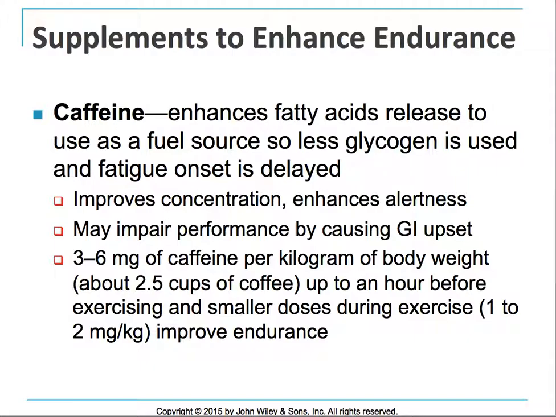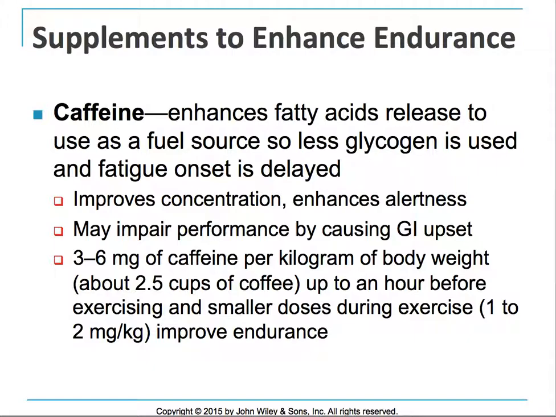And next, caffeine enhances fatty acid release to use as a fuel source, so less glycogen is used and fatigue onset is delayed. Caffeine can improve concentration and enhances alertness, but may impair performance by causing GI upset.